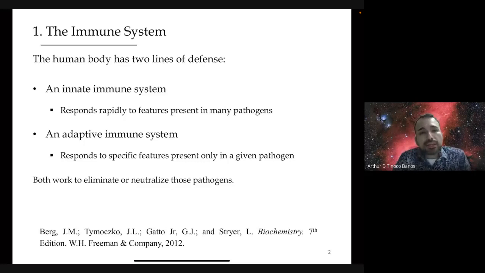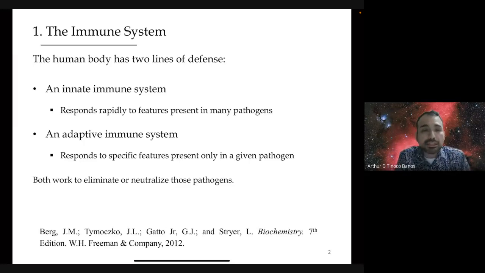The human body has two lines of defense, primarily the innate immune system and the adaptive immune system. As the names imply, both of them serve as a way to defend us against pathogens. One is basically a more general response system to some general features present in pathogens, while the other adapts to different components present in a given pathogen.